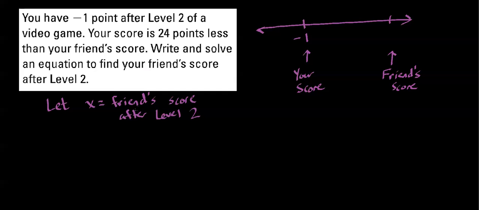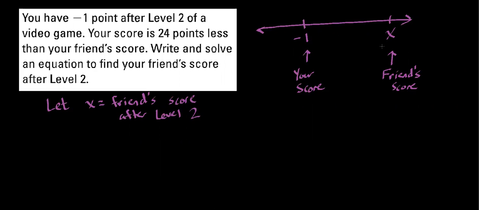And my friend's score, I don't have the actual value, but I know it's some number x. So I need to find what this is. And I know your score is 24 points less than your friend's score.